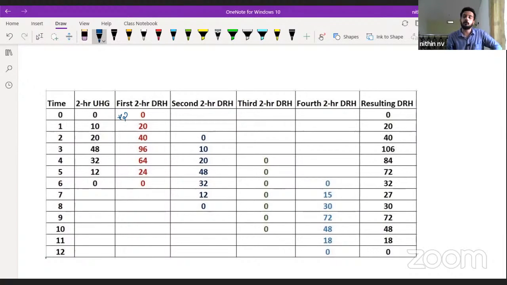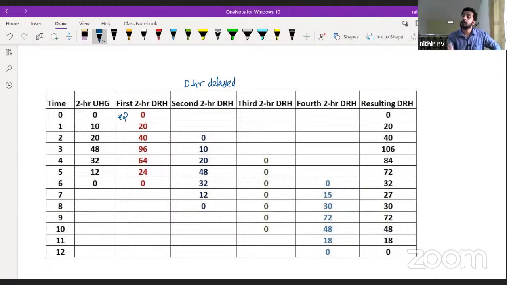So we will be getting the ordinates like this. Whenever we are putting the values of the next direct runoff hydrograph, similar to method of superposition, we have to shift by D hour, D hour delayed. It is similar to method of superposition, but instead of unit hydrograph, we are taking DRH because runoff is not 1 centimeter. That's all.